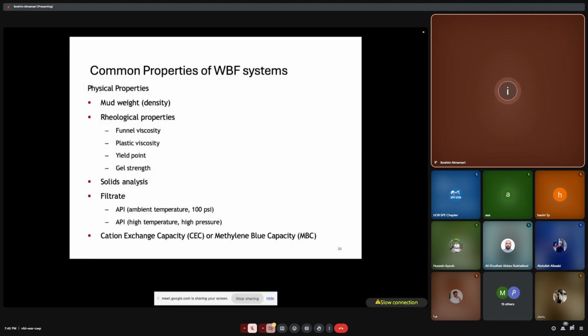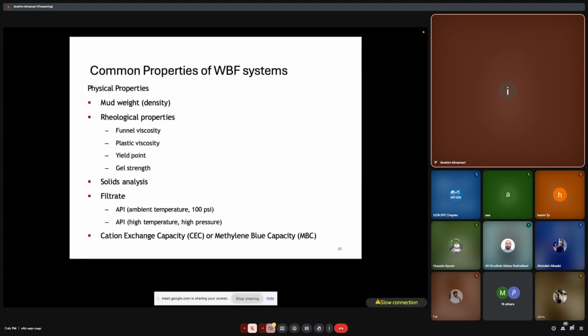The most common properties: if you are at the rig site working as a fluids engineer, your job is basically to maintain the required parameters, and these parameters for oil-based mud and water-based mud are different in some cases, but the same for others. The most important one is mud weight. Mud weight at the rig site is measured every 30 minutes.